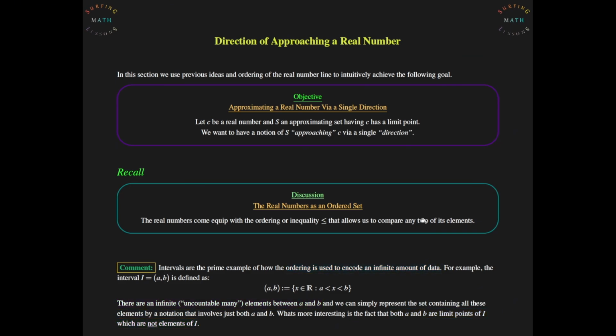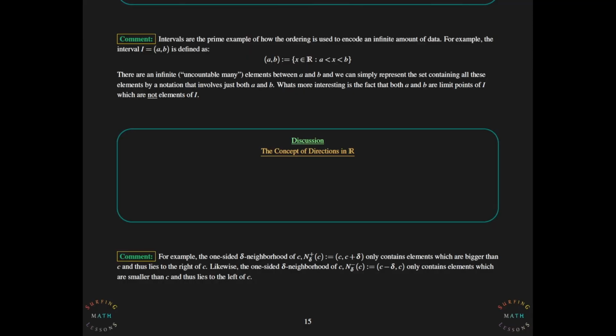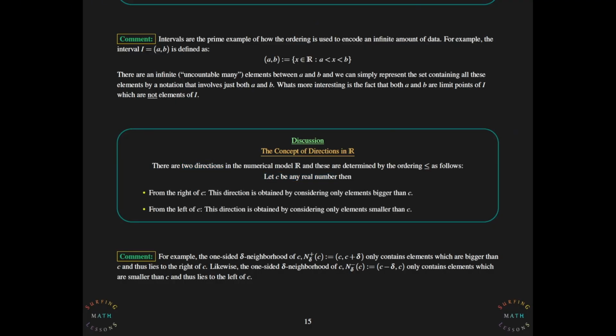Let us now define the notion of directions on the real line. The ordering less or equal to of the reals defines two directions in the following way. Let C be any real number. Then, the first direction is defined to be from the right of C, and is obtained by considering elements which are bigger than C in the ordering.